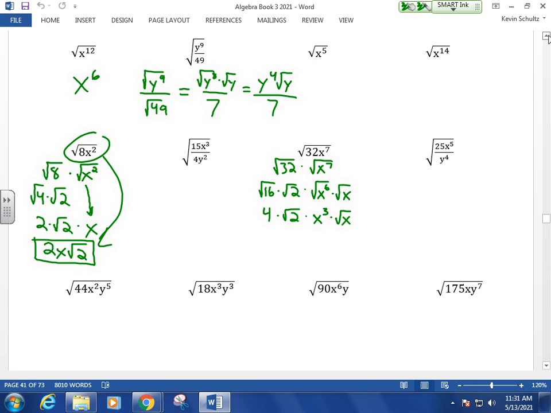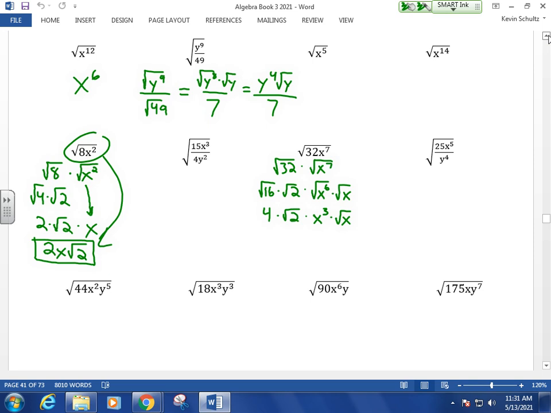Okay? So I'm trying to make this as straightforward, as easy to follow as possible. We've got our root 32, which I break into its two factors, that root 16 being the perfect square. Take the root of that, that's where the 4 comes from, and the root 2 is left over. The root of x to the 7th, I break it down into that x to the 6th times x. Just subtract 1 from the power. The root of x to the 6th equals x cubed, and I got my root x that hangs over.